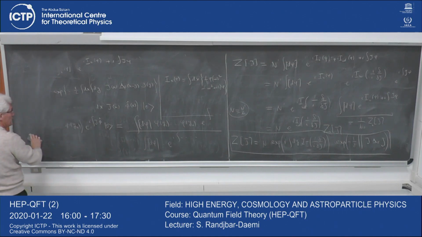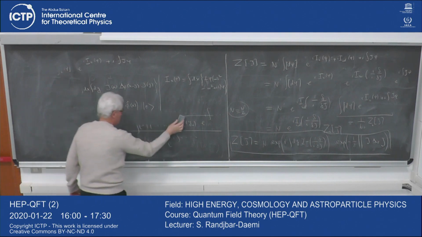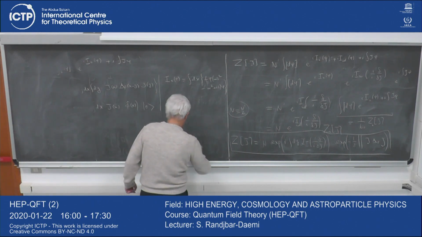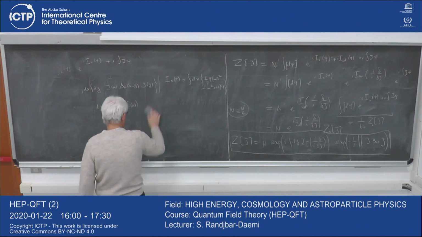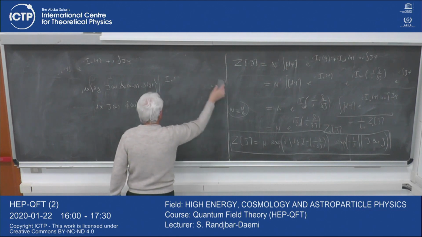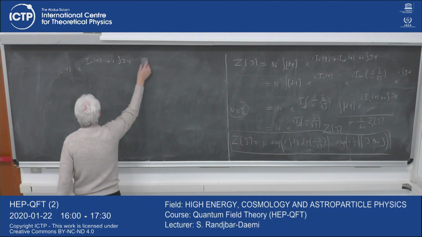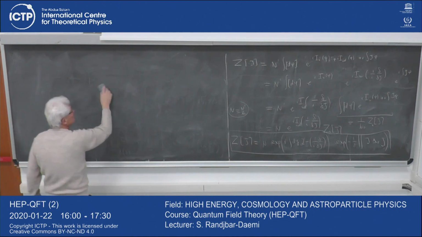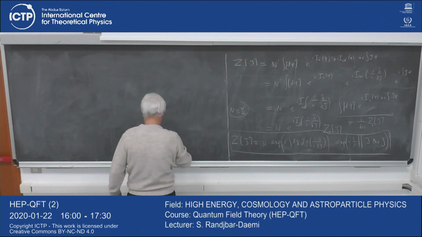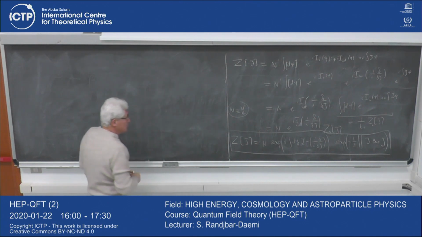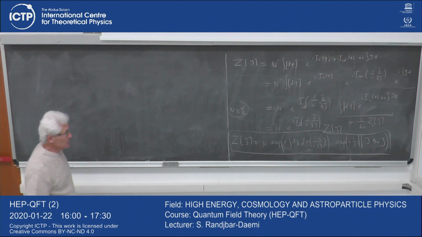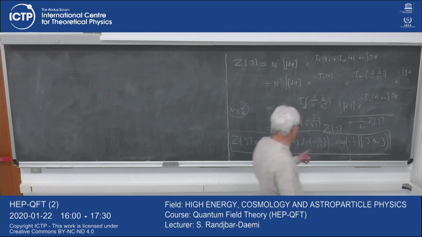But before moving there, I should not have erased this. Let me tell you one more thing, then we will go to the graphical way of evaluating that. So, this was one expression for Z0.